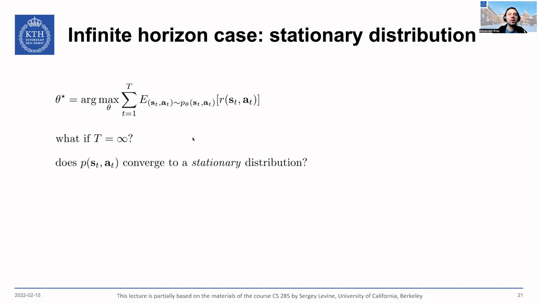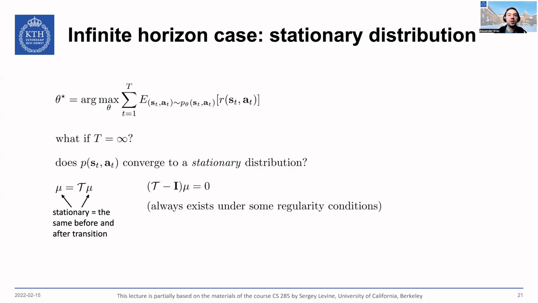So the question is, if we have the infinite horizon case, do we ever converge to a stationary distribution? Because if we don't have a stationary distribution, then we can't really optimize to anything. And the answer again is that if the transition matrix, or in this case transition tensor, satisfies ergodicity and aperiodicity, then we do get some stationary distribution.